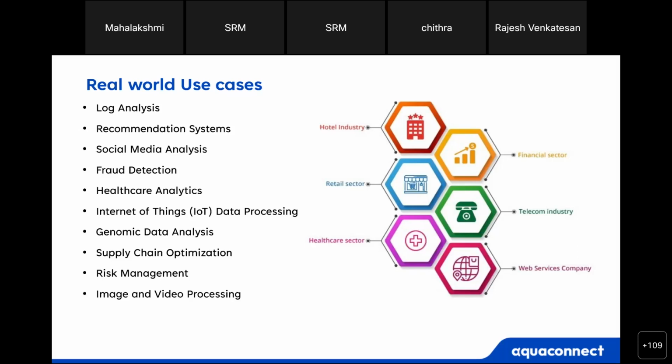That is called recommendation systems. So social media analysis means analyzing our social media data like Twitter data, Facebook data, and post comments. Using this, they do sentiment analysis and understand the opinion of the customers.